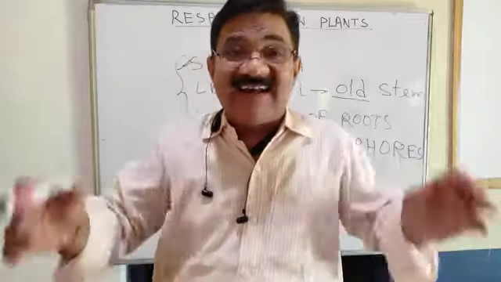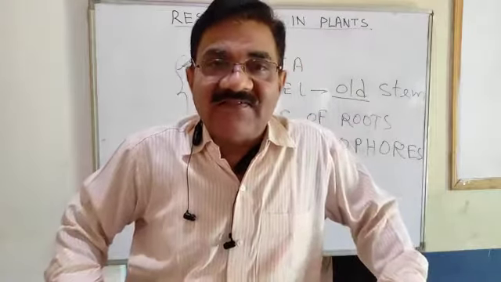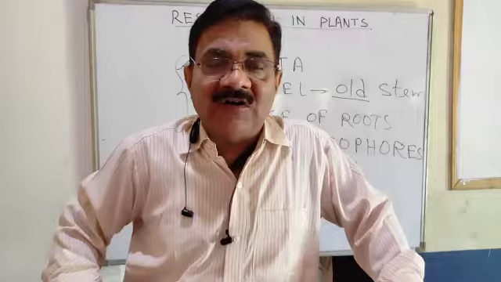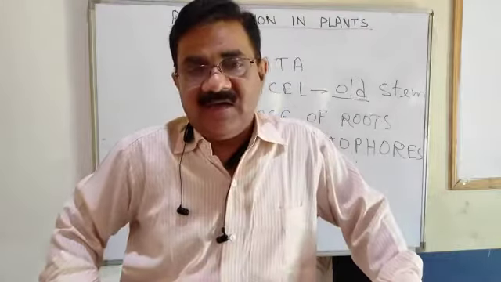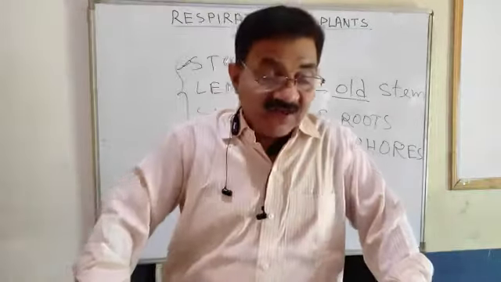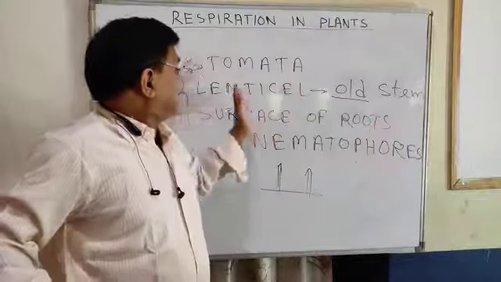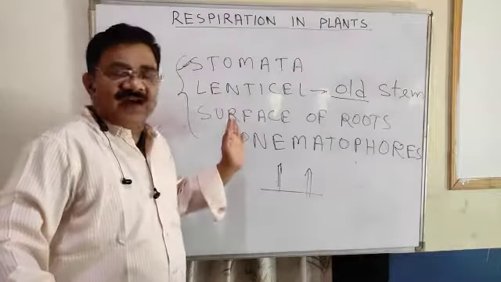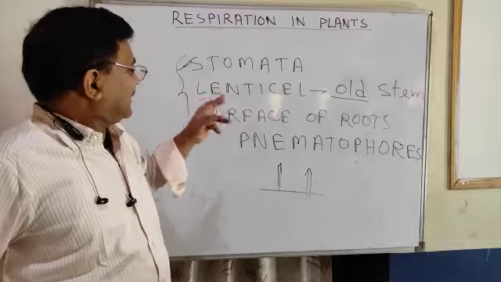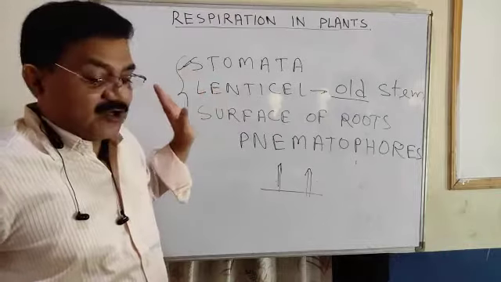So these roots come out for gaseous exchange. These are the three breathing organs of plants: stomata, lenticels and roots.